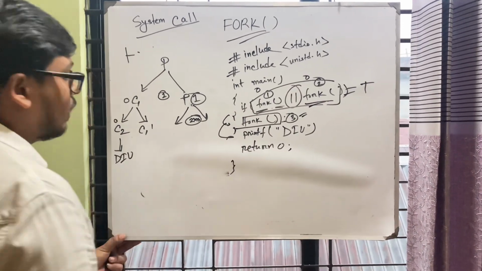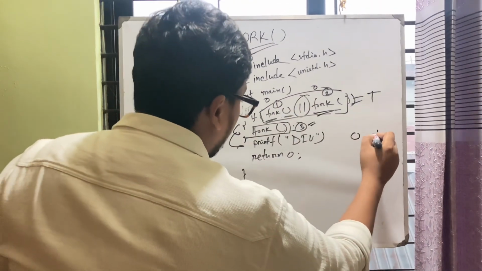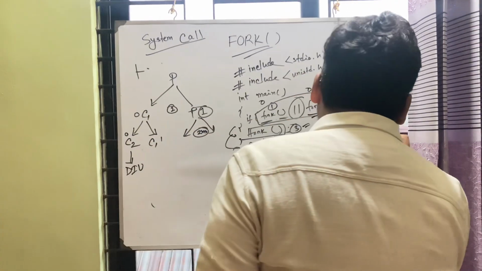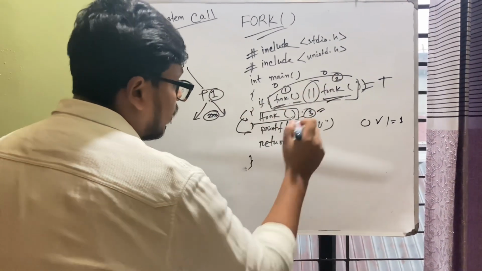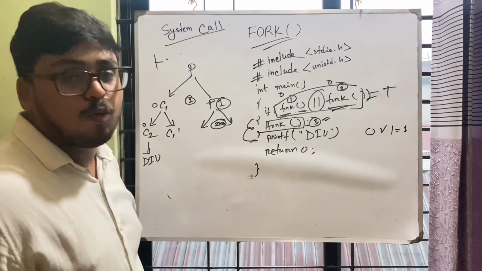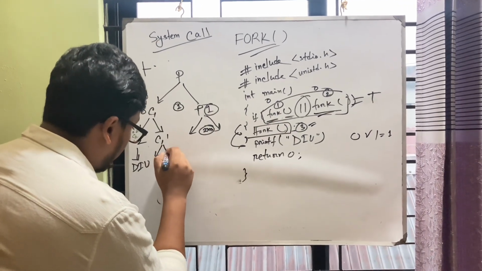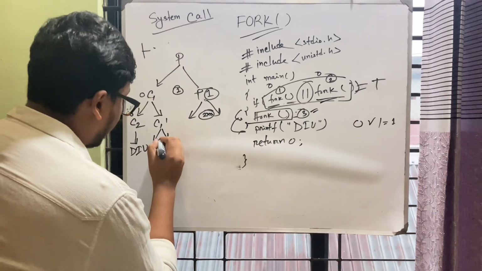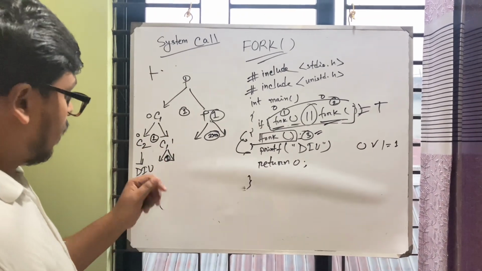What will it print? DIU. And when it finds 0 and 1 with the OR operator, it evaluates to 1 or true. For this true, we will go inside the if condition, and it executes the fourth again. So number 2, 4, and number 3, 4.